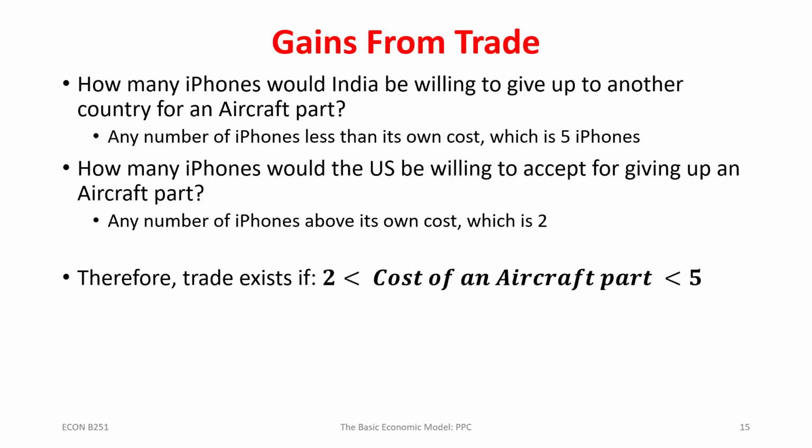And then as long as it's below the highest cost country's cost. Who had the lowest cost in our example? The US with 2 iPhones. Who had the highest cost and what was their cost? That would be India with the 5 iPhones, right? So this was the US's cost. They had the lowest cost. This was India's cost. They had the highest. Okay. This is our general, and this was our specific example.